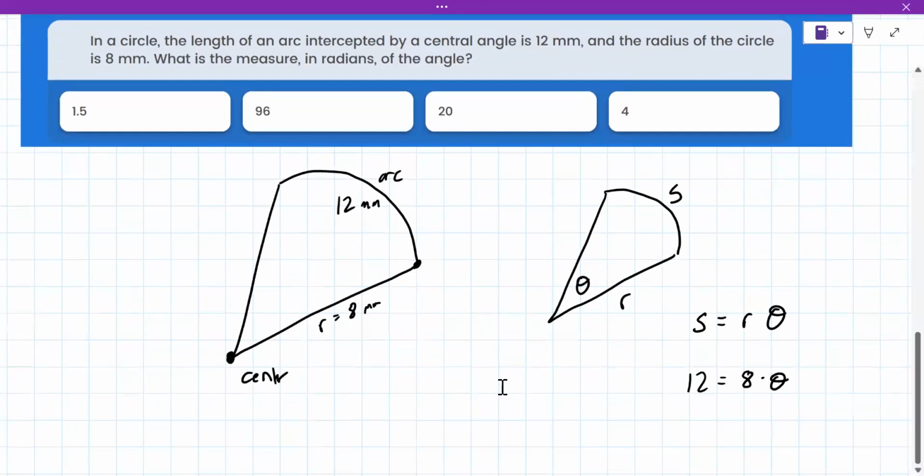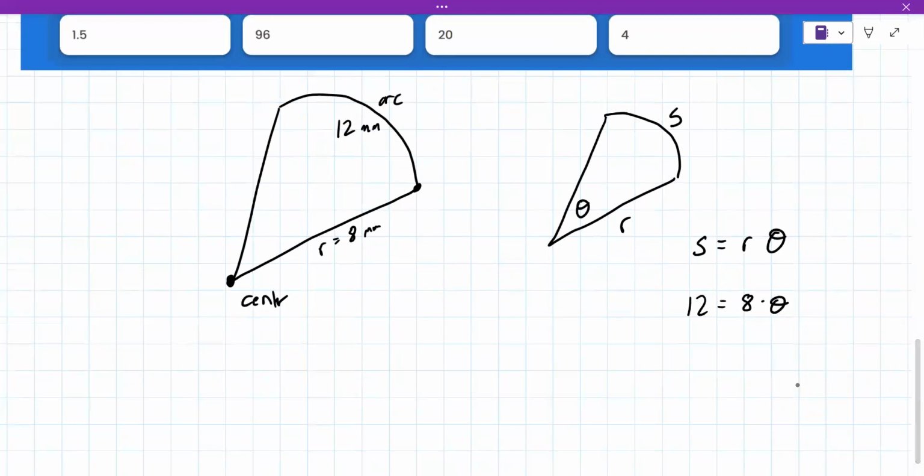Theta is just a Greek letter. No big deal. It's just like x. Okay. How do we solve this for theta? How do you undo this number in front of it?